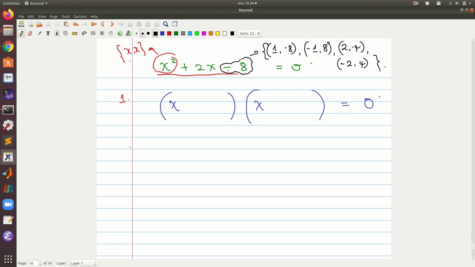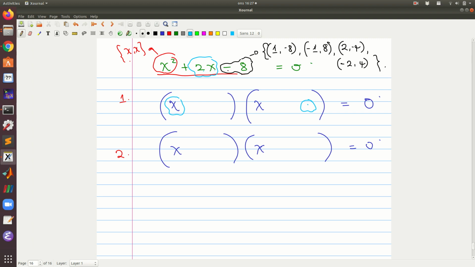Now the next thing is for us to look for a combination which gives us a middle term of positive 2. It is important to know that the middle term here is the term which contains 2x. The term which contains 2x is going to be the product of the outer terms.